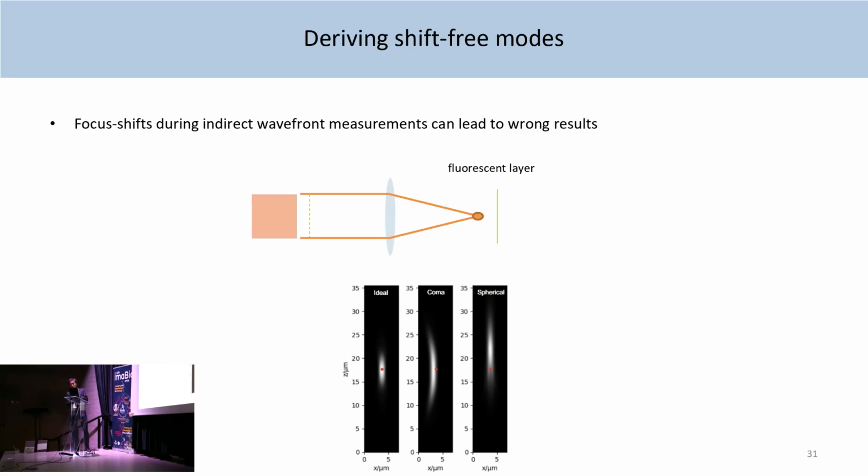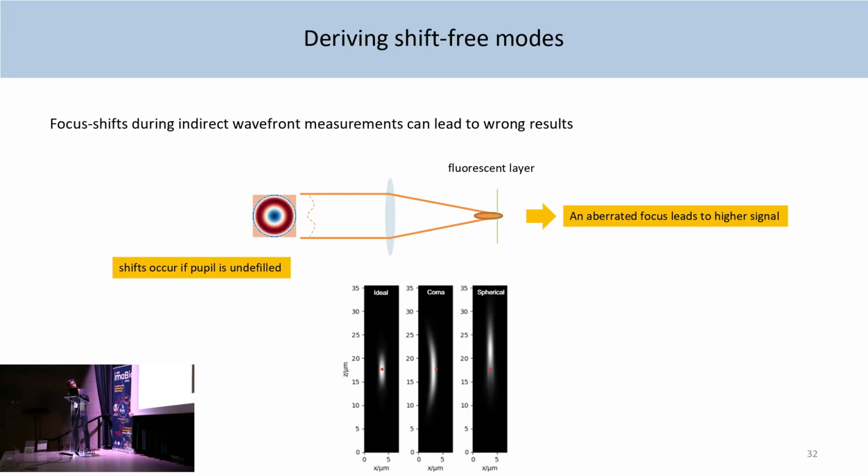So what's the problem? I just said before, this 3N algorithm applies test modes. I add a little bit of coma, a little bit of spherical aberration, and so on. Now, if you have an underfilled pupil, and most scanning systems have underfilled pupils, especially nonlinear ones, then if I display, for instance, primary spherical aberration, which looks like a sombrero, as I showed you before, the beam actually only crosses through the center.